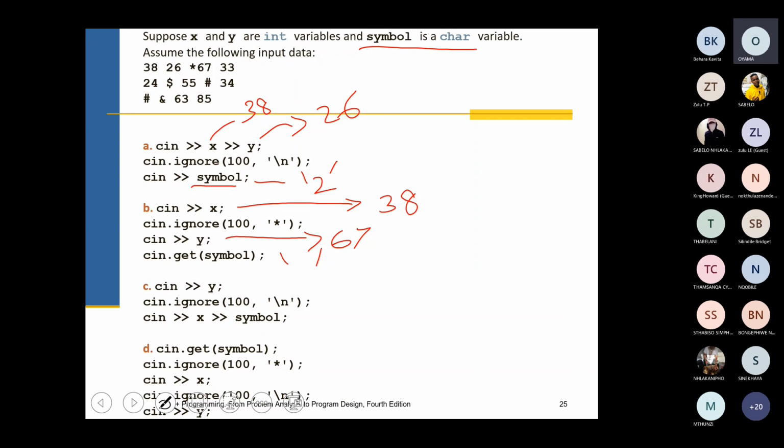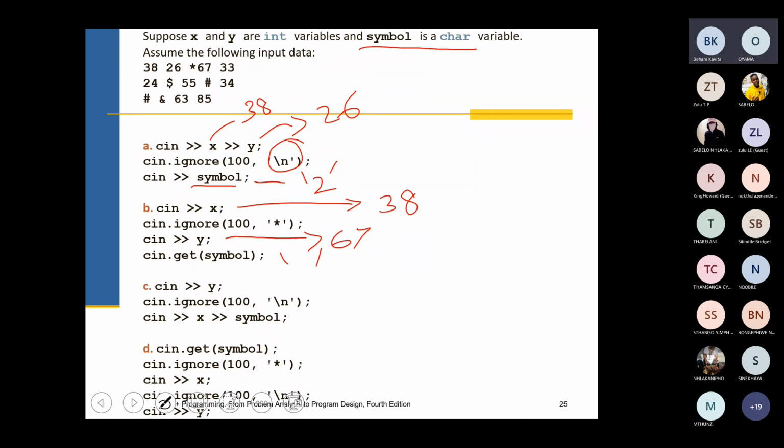Can you go back to question number A? Why you put that to me, sir? Because cin.ignore is going to take the condition new line. New line you are getting after 33.